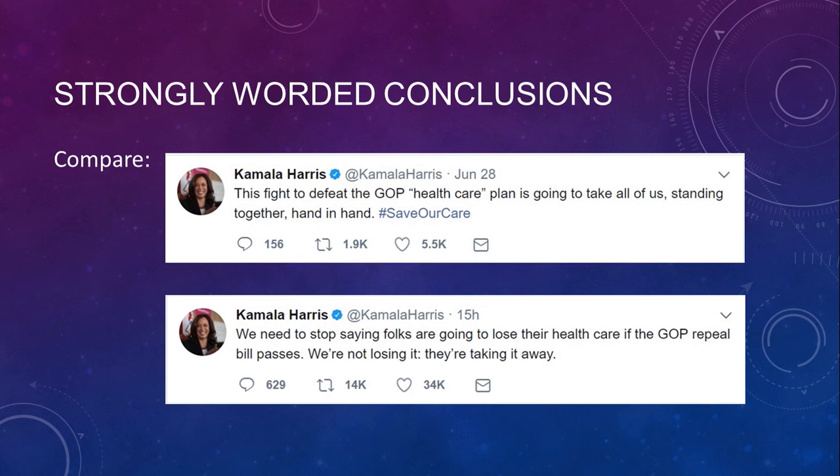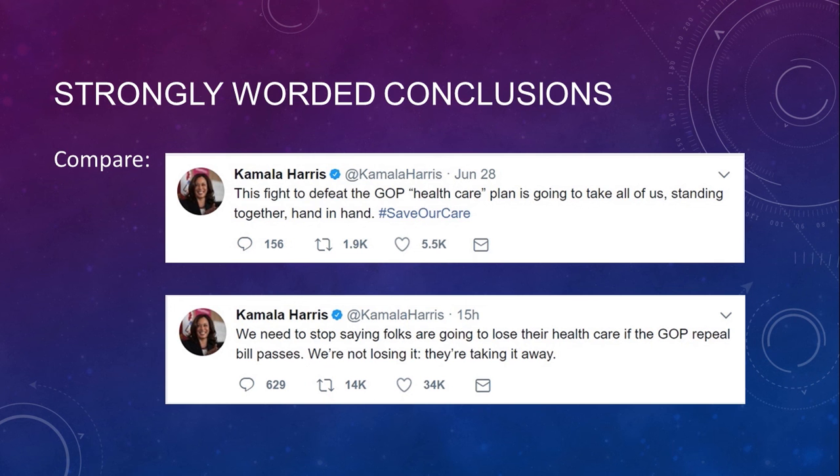Right. The conclusion that she wants you to believe is we need to stop saying that folks are going to lose their health care, and the reason she's offering for that is we're not losing it, they're taking it away.